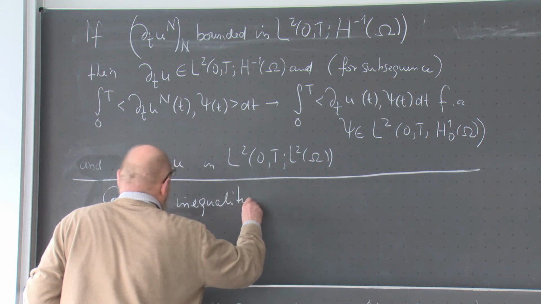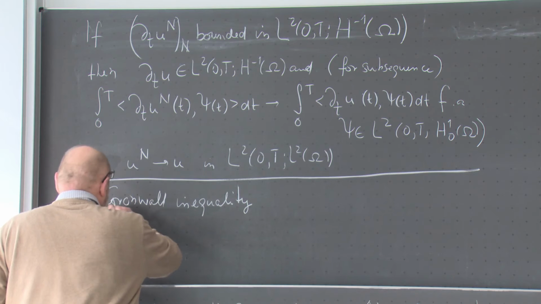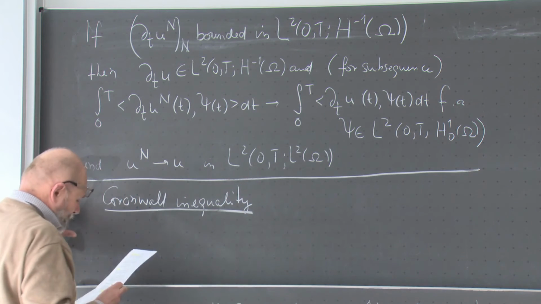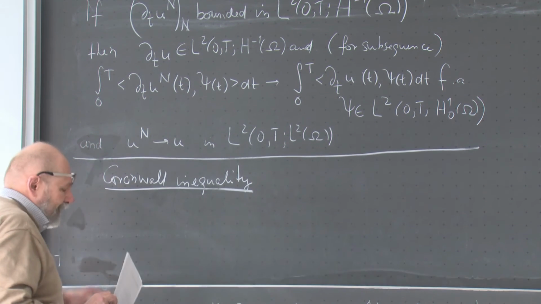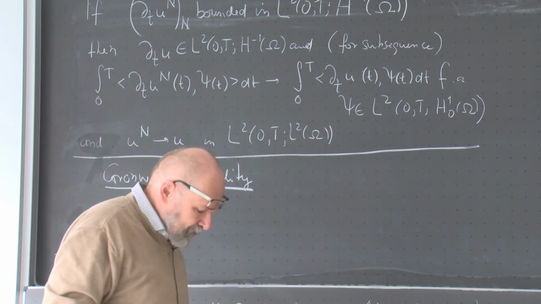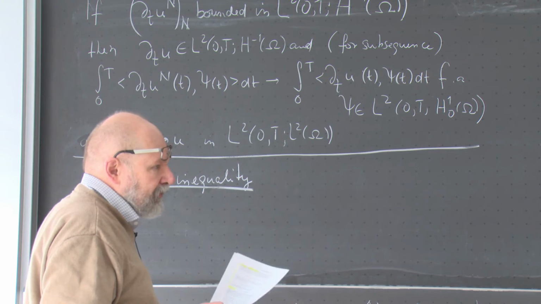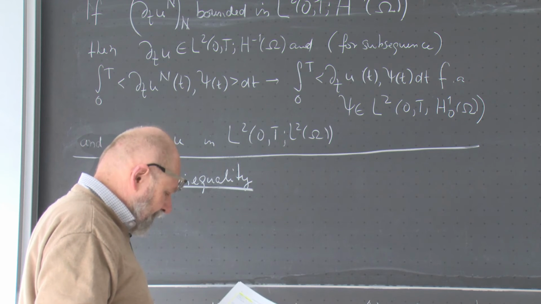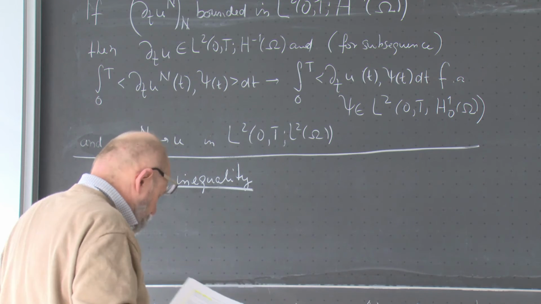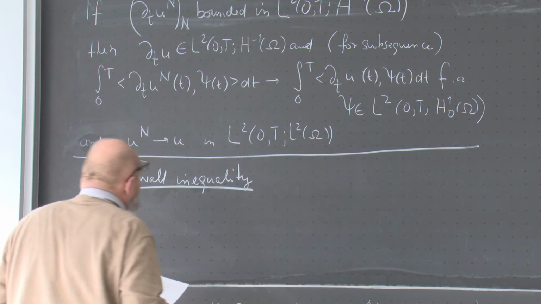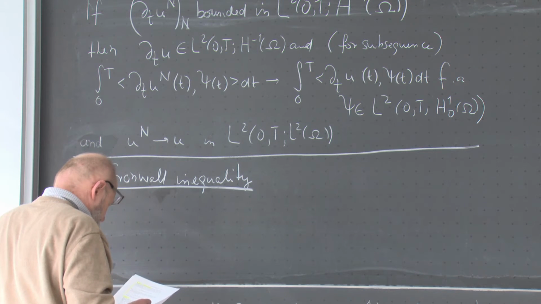The Gronwall inequality. There are a lot of versions of the Gronwall inequality, and there are continuous versions and there are discrete versions. And the basic continuous version is the following.